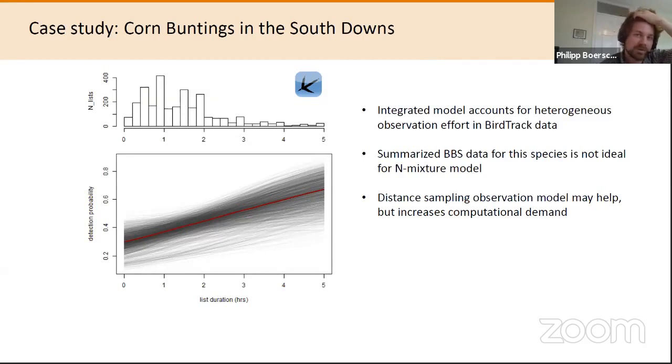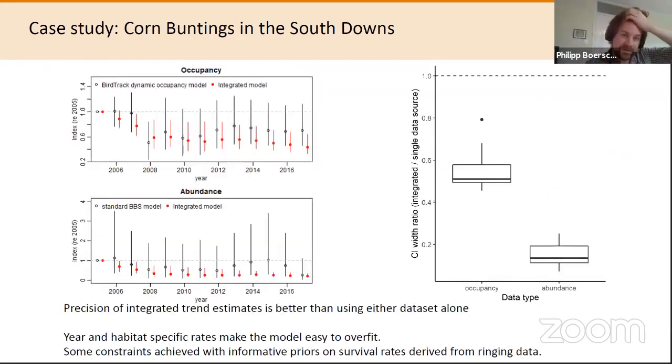So first of all, we know from previous work that accounting for effort within these unstructured citizen science observations soaks up a lot of the unexplained variance. And so here you can see that list duration and detection probability are linked. And what we get from this is a trend that is much more precise.